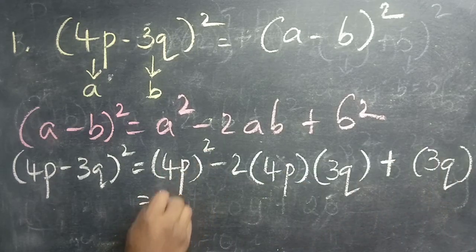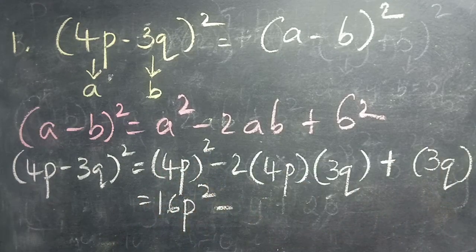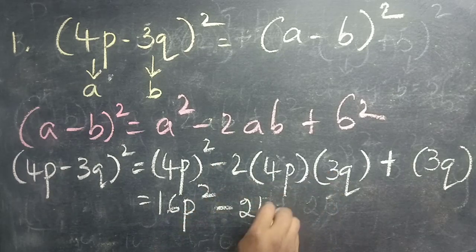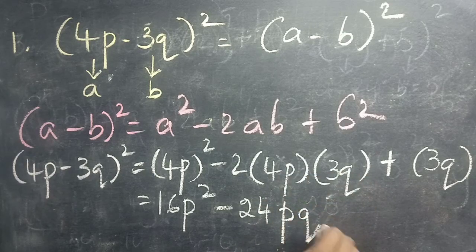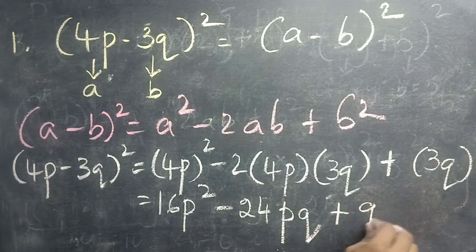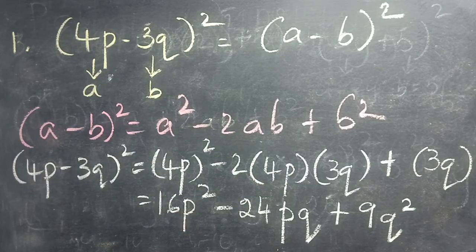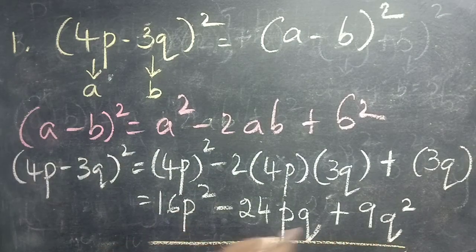Now 4 square is 16p square minus, as it is, 2 4s are 8, 8 3s are 24, p into q is pq plus 3 square is 9q square. 4p minus 3q whole square is 16p square minus 24pq plus 9q square. 16p square minus 24pq plus 9q square is the solution.